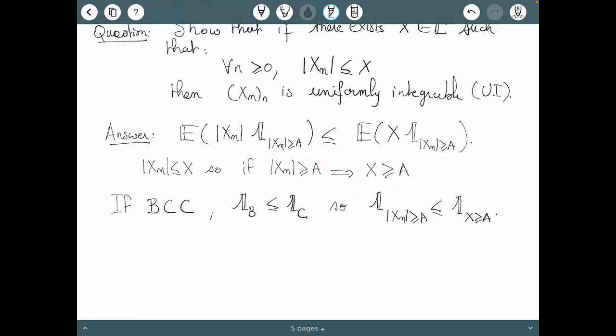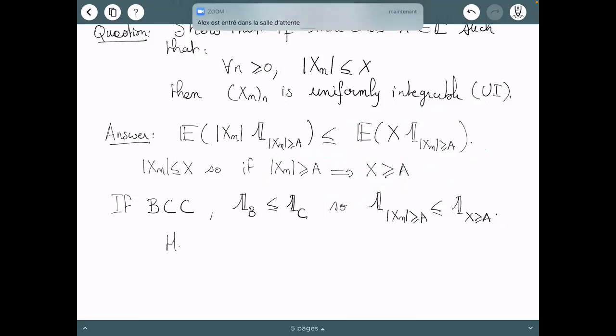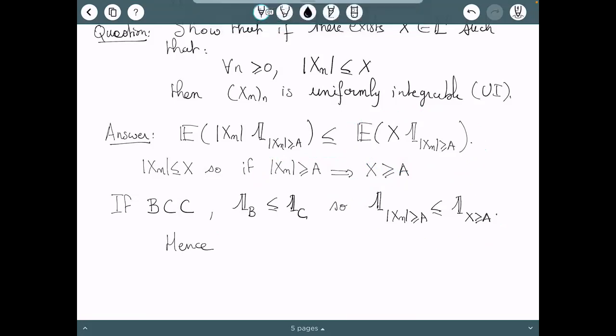And so it is what you said previously, that this guy I can bound in the following way. I can say that the expectation of xn indicator function of xn bigger than a is less than the expectation of x indicator function of x bigger than a. I can put the absolute value, but it's not useful because x is positive.